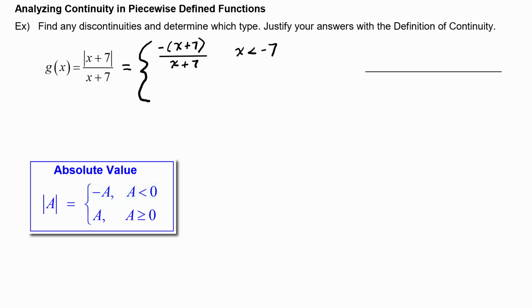Or the other piece is it will be the positive version, so x plus 7 over x plus 7.